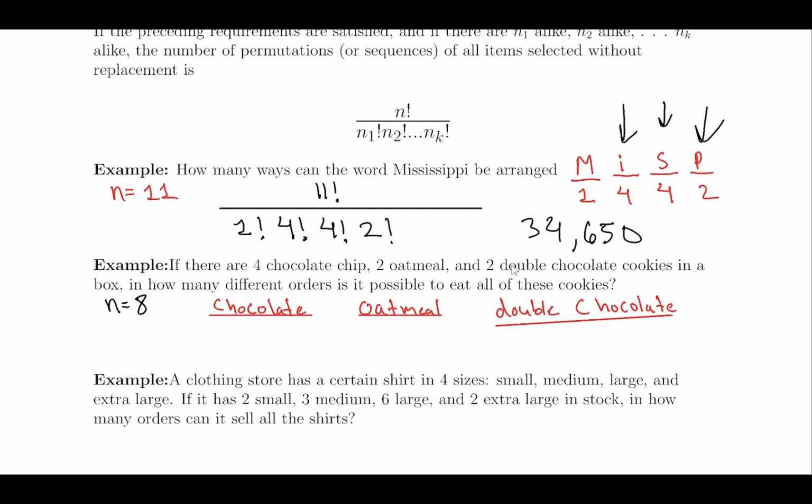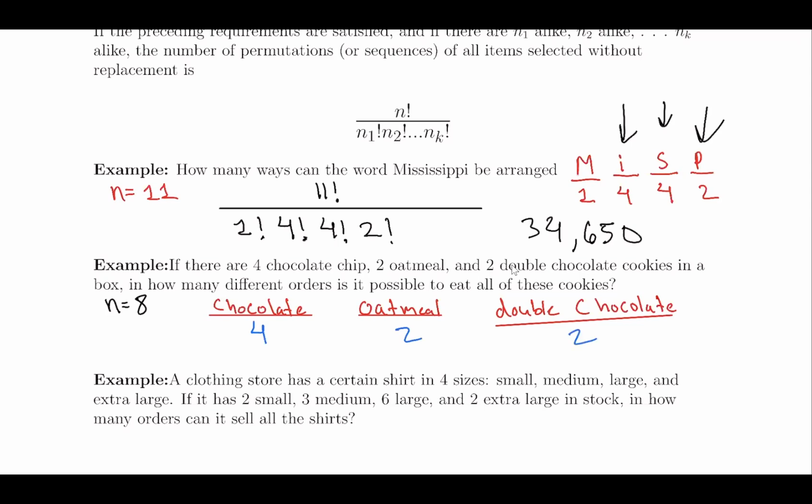All right. So how many chocolate chips do we have? 4. Yeah, 4. So you put 4 right here. How many oatmeal do we have? 2. And double chocolate? 2. Perfect.